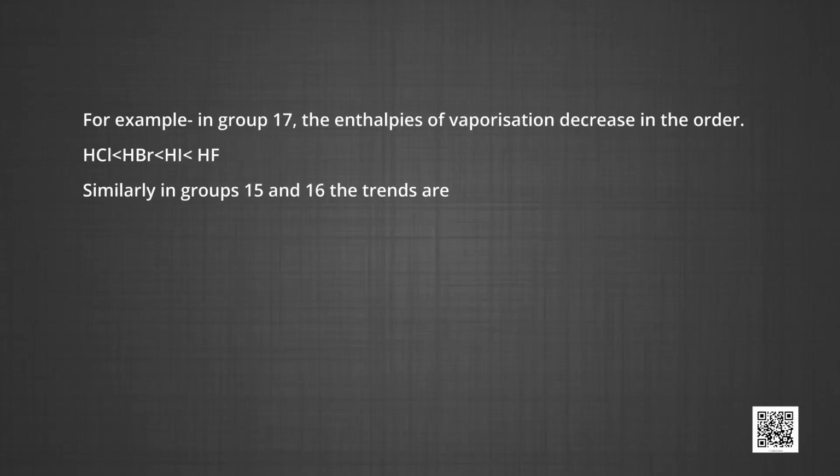Similarly, in group 16 the trend is H2S less than H2Se, less than H2Te, less than H2O, and in group 15, PH3 less than AsH3, which is less than SbH3, and which is further less than ammonia, that is NH3.